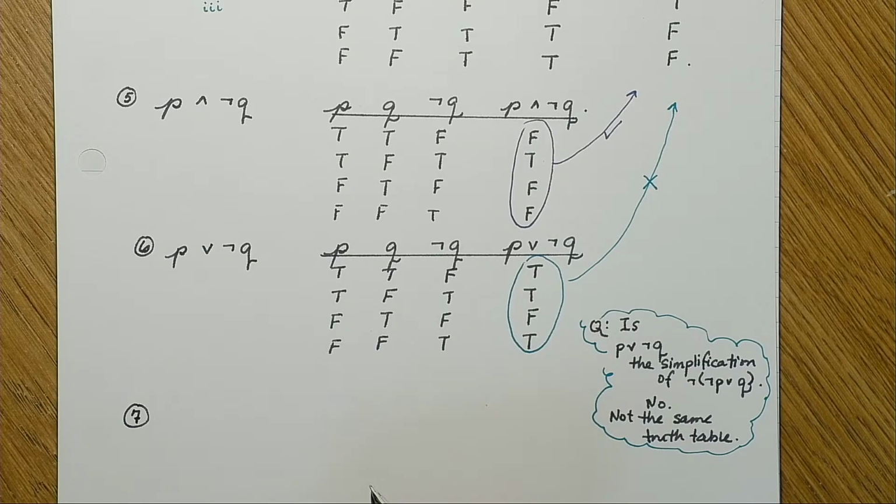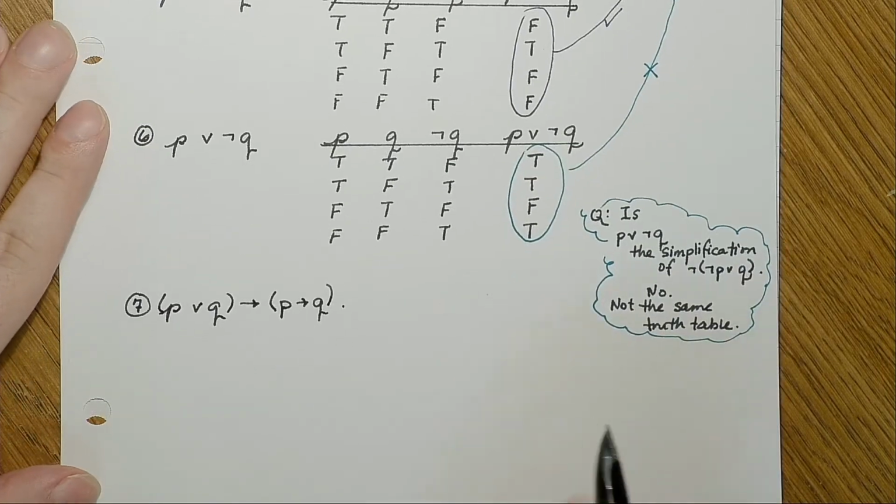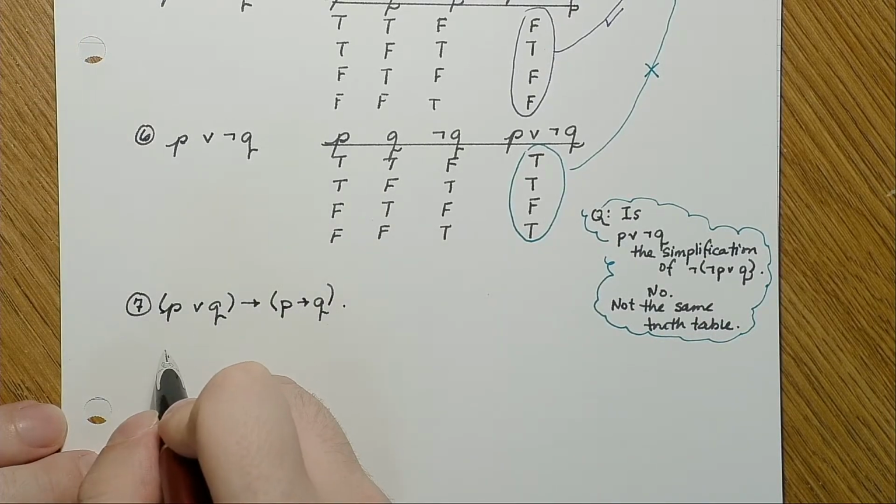What's the next one we could do? Let's do (P or Q) implies (P implies Q). Same idea.